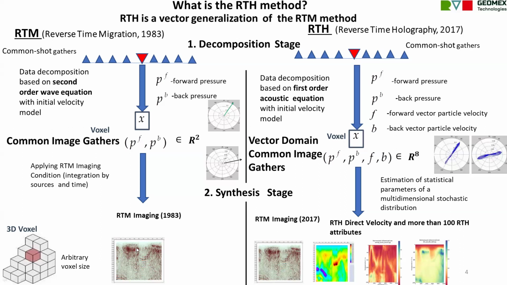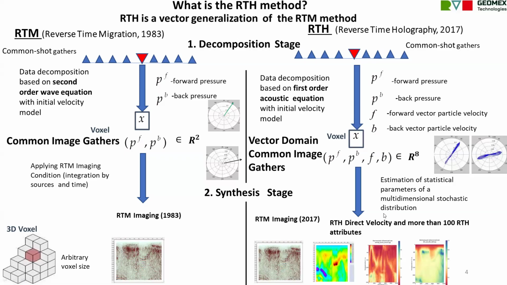This is the value of so-called RTM imaging. It exactly coincides with the Kirchhoff migration, no difference. So in each voxel we obtain one value with sign, and from all values we obtain the RTM reverse time imaging.